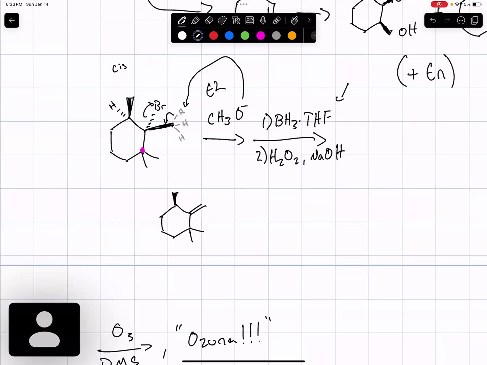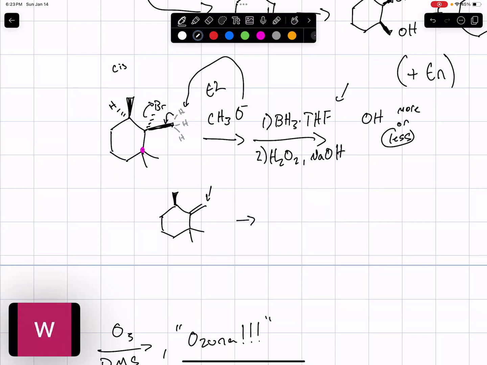It adds an OH to what side? The more or least substituted side? Least. Okay, so this is the least substituted side. We also add a hydrogen. And they're pointing to the same side, but that's not important because you don't show the hydrogen.